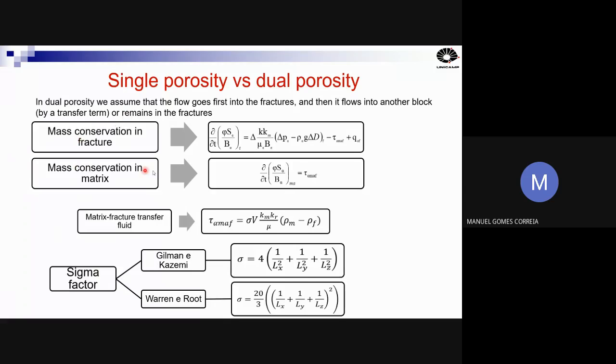But we never have flow between the matrix blocks, okay? We have a fluid transfer term between matrix and fracture, but no flow between matrix blocks.